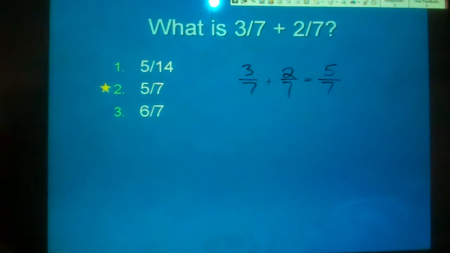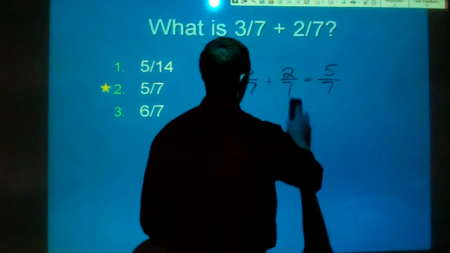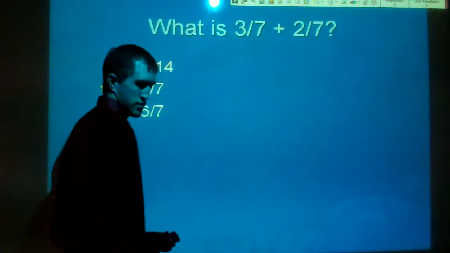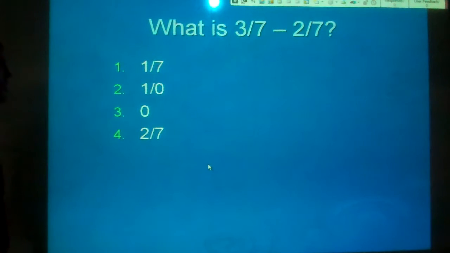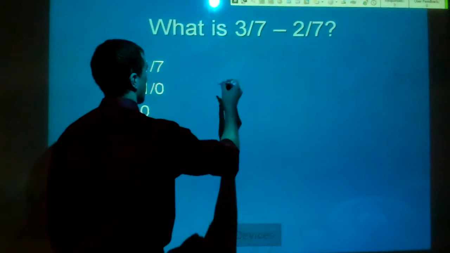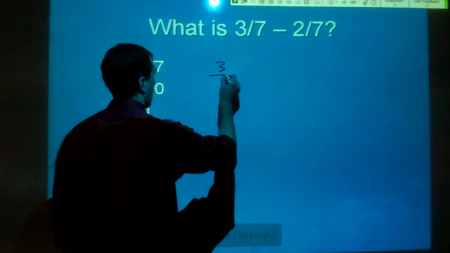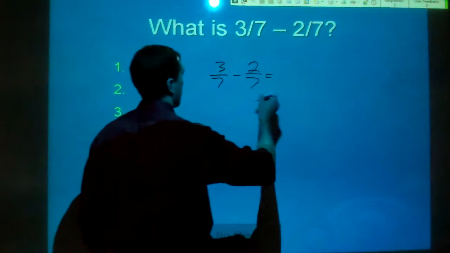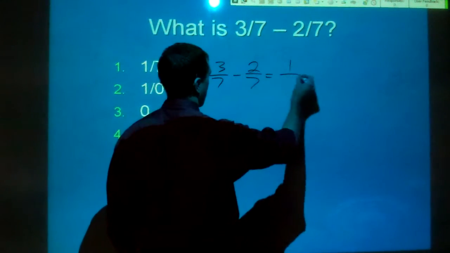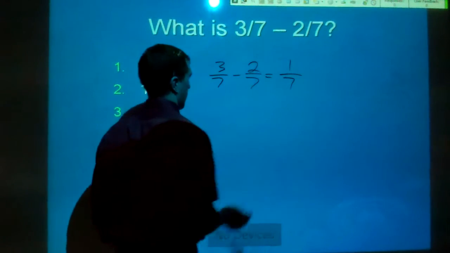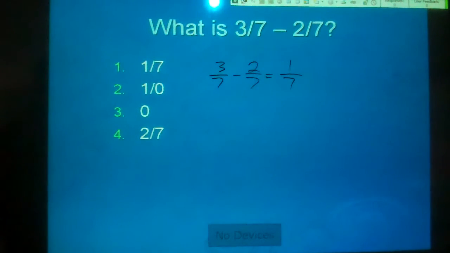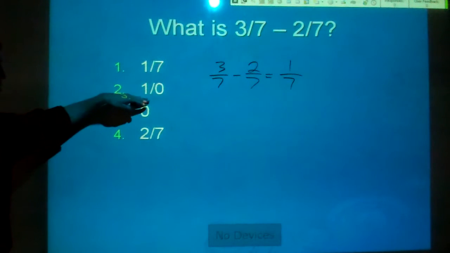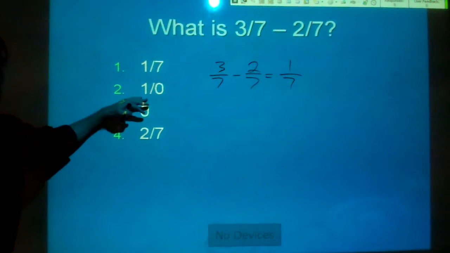Alright? Now let's subtract these two fractions. And we've got 3/7 minus 2/7. 3 minus 2 is 1. Same denominator, 7. Alright, should be getting 1/7 there. This right here, 1/0, is very wrong.